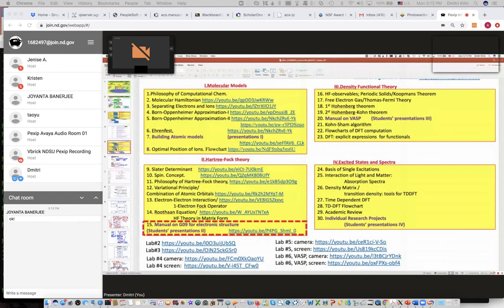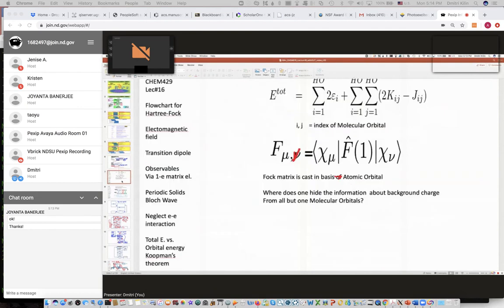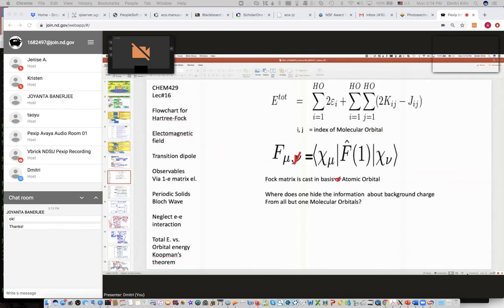Thanks. Okay, so by now we have completed Hartree-Fock, and we need to make a transition to a new theory that will give different results and is more appropriate.